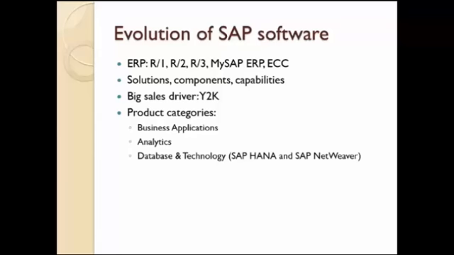The second category is analytics, which supports analytical processing or OLAP processing. And still, we have a category for database and technology. Here, there are 2 main products. One is SAP HANA, and the second is SAP NetWeaver, which I will talk more about in the next few slides.